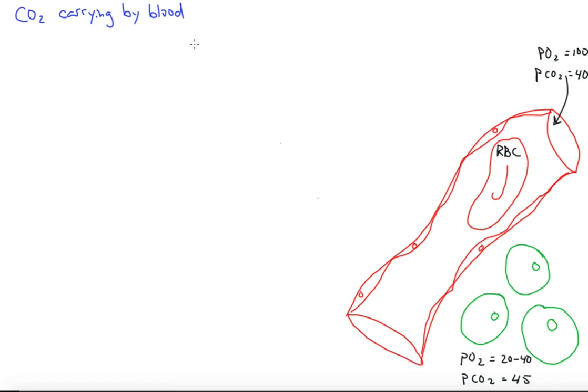All right, well, CO2 is carried in three forms, as opposed to really two forms for oxygen. And really, you could almost narrow it down to one, right? Remember, it's sort of 99% bound to hemoglobin and 1% dissolved for oxygen.